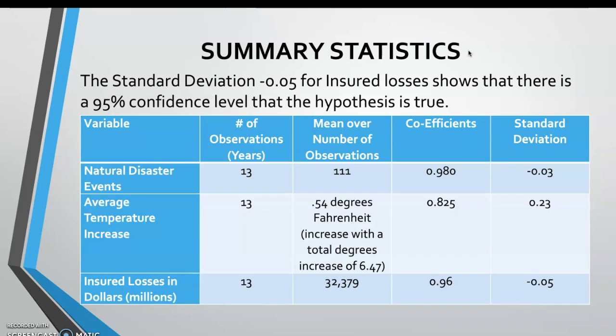The mean observations, 111.54 degrees Fahrenheit increase with a total of 6.47. Insured losses in dollars was 32,379. Coefficients are as seen, as well as standard deviation.